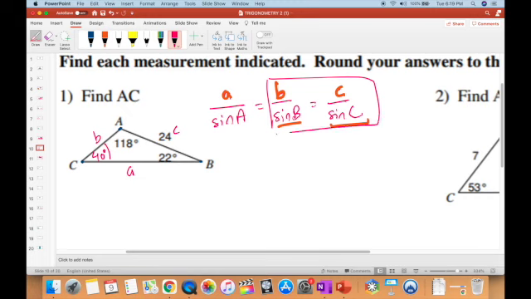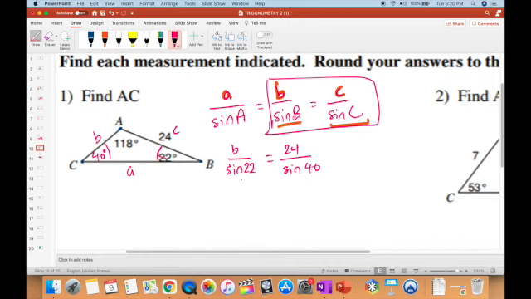So now b, which is what we want to find, over the sine of B, which is sine 22, is equal to c, which is 24, all over the sine of C, which is sine 40.